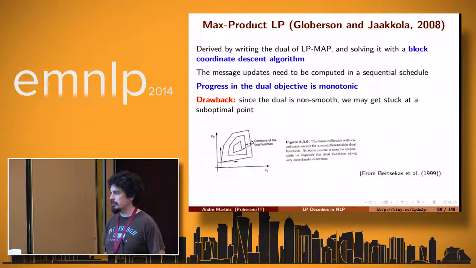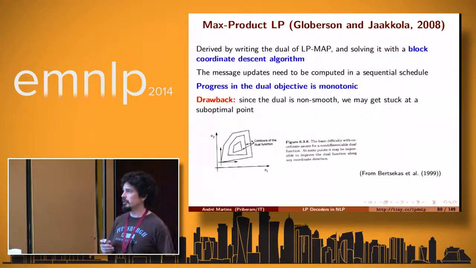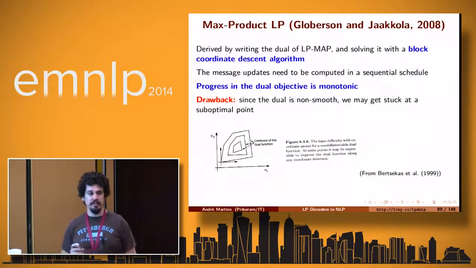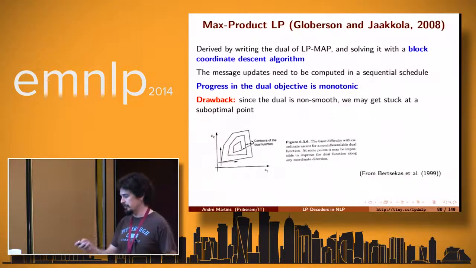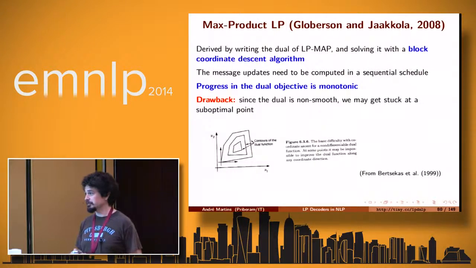If at some point we land at this corner here, there's no improvement in any direction that allows us to get out of this corner. So this is a general issue with coordinate descent algorithms. There are certain tricks that you can apply to get out of this corner, but those are non-trivial.